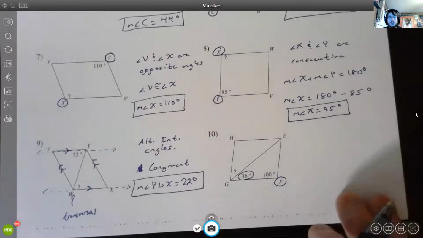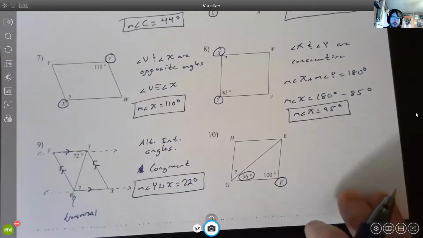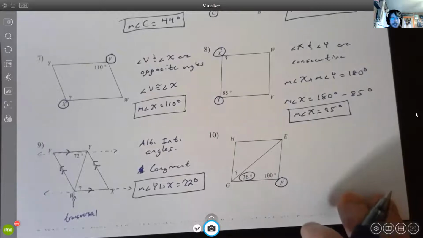Okay, so what the diagonal's done here is it split the angle G into two parts. Now, we don't know if those are equal because we don't know if this is a rhombus or whatever else. So we can't say, oh, well, those bisect, so we know the other part's 36. It may be, but we need to find that out.